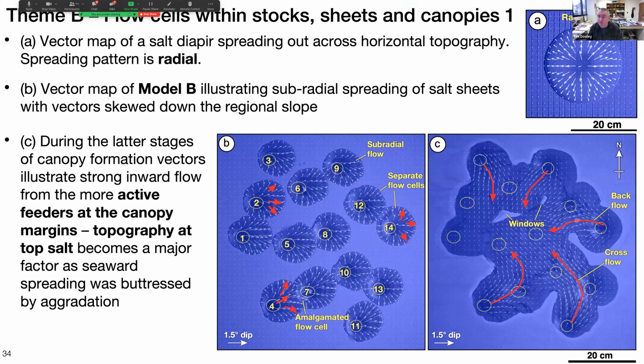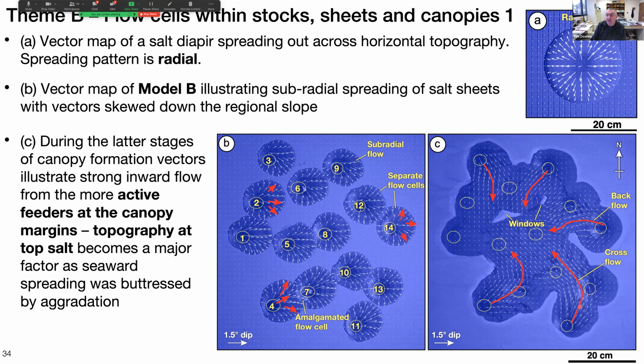As we saw earlier in our model B here, towards the end of this, when I was adding sediment outboard over here, which inhibited seaward spreading, but also when we had effectively run out of salt here, on the interior, we had all of this cross flow here.